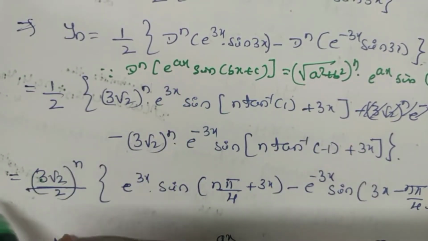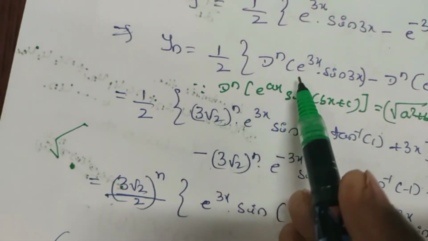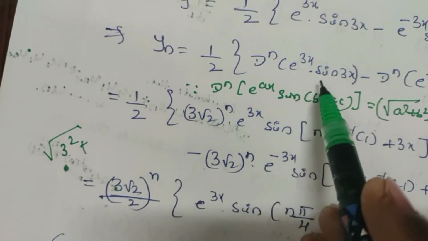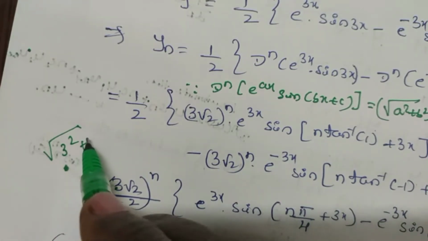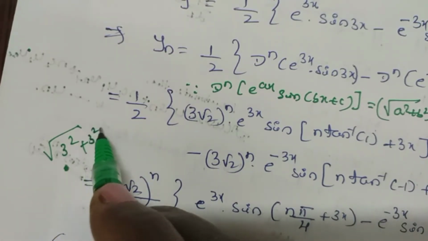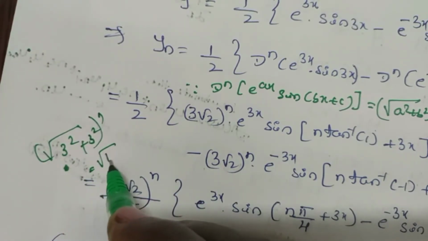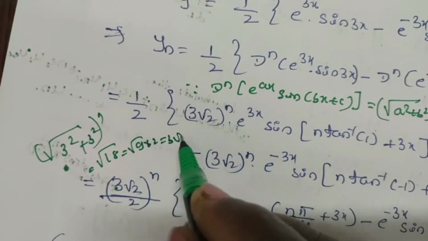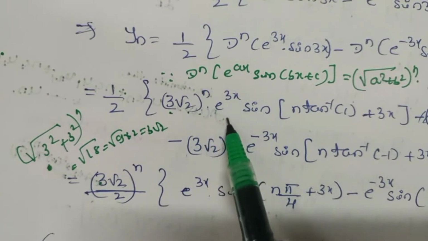A is how much here? 3 square plus b is also 3, that is 3 square plus 3 square whole raised to n. It is under root of 9 plus 9 is 18, that is under root of 9 into 2, it is 3 root 2. So this is 3 root 2 whole raised to n into e raised to ax.